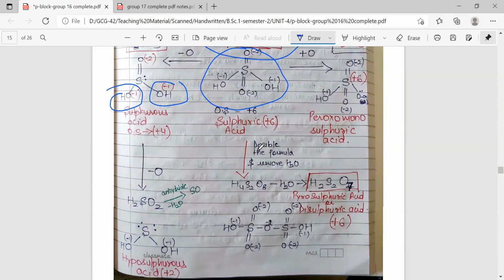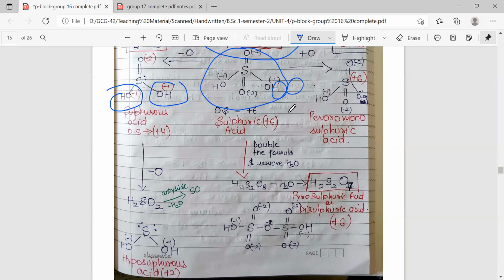Now from sulfuric acid, we'll generate pyrosulfuric acid, which can be generated by doubling the formula, taking 2 units. We remove a water molecule by just heating. We'll place the 2 units adjacent to each other, and from one we'll remove one hydrogen, and from the other we'll remove one OH group.